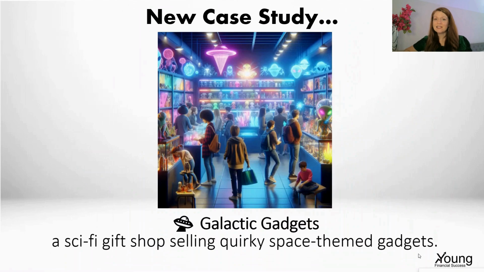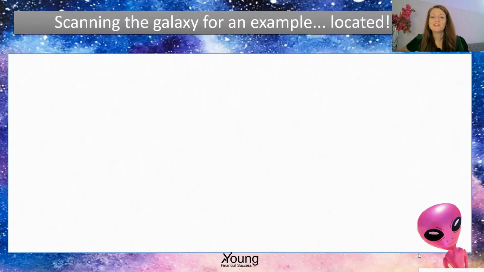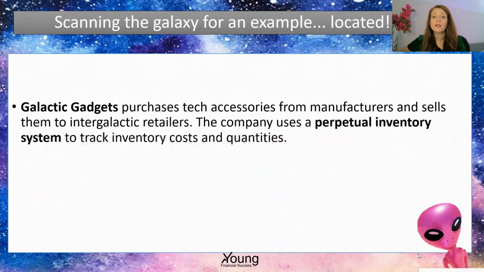It is Galactic Gadgets, a sci-fi gift shop selling quirky space-themed gadgets. So this is the little shop. There's a huge market for this, right? Maybe in like Roswell, New Mexico, but all right, so let's look at Galactic Gadgets, and we're going to get in our first example. So scanning the galaxy for an example, and it was located.